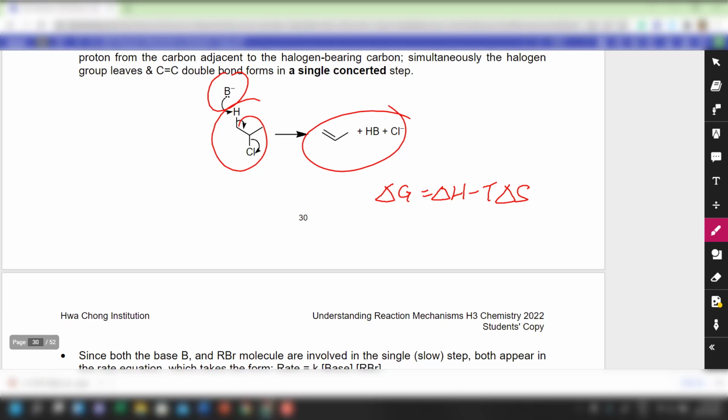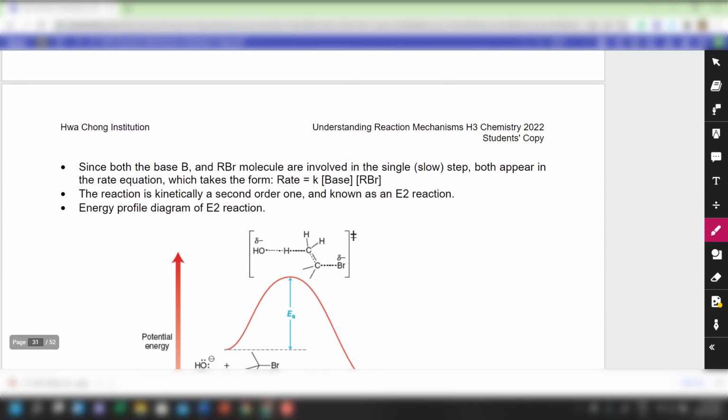Whereas substitution is almost entropy neutral, because in the course of reaction for substitution there is no change in the amount of species, but for elimination there is usually an increase in the amount of species. Yeah, so because it's entropy driven, temperature can help encourage elimination products.